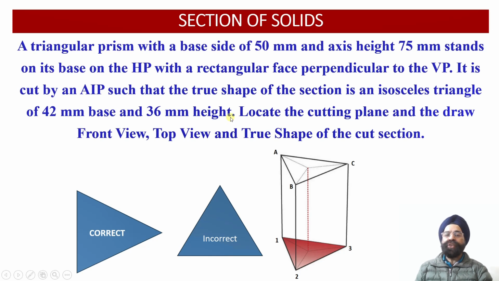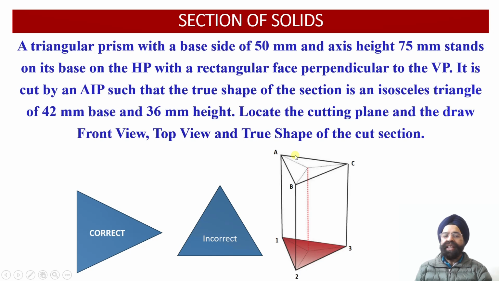Now let us first of all evaluate how this auxiliary inclined plane cuts this triangular prism such that we obtain the true shape of the cut section as an isosceles triangle having base 42 millimeter and altitude 36 millimeter. So we can check.